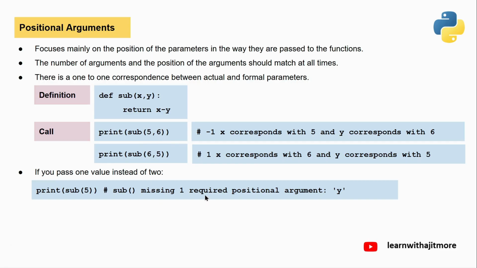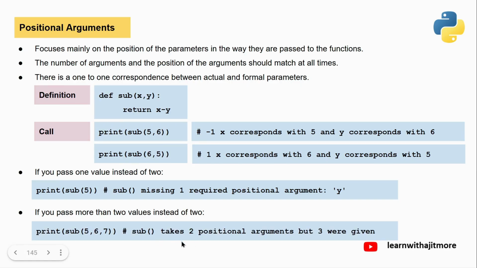It gives missing one required positional argument y. And if you give more, if expected are 2 but you give more, it will say expected 2, but 3 were given, expected 2, but 4 were given. So if you pass more than 2 values, you will still get an error. See, takes 2 positional arguments, but 3 were given. Expected are 2, but you are giving 3, then also it will generate an error.